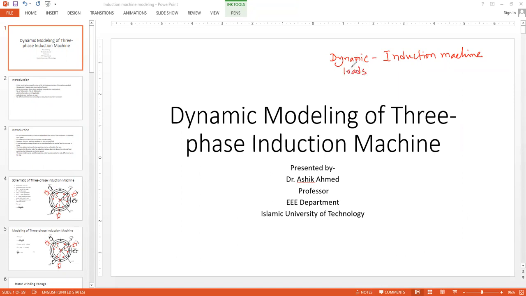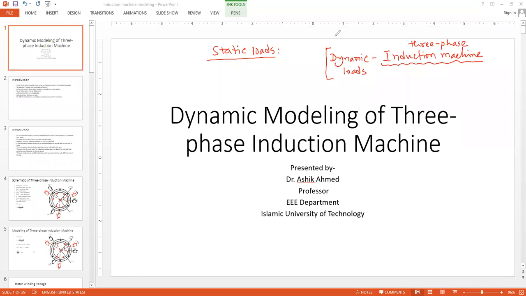However, in our residential system, besides the dynamic loads, we also have some static loads. When we talk about the static loads, the loads could be varying in nature. However, if we talk about the dynamic loads, that's the industrial loads, we can mostly focus on the induction machine, and more specifically, the three-phase induction machine.